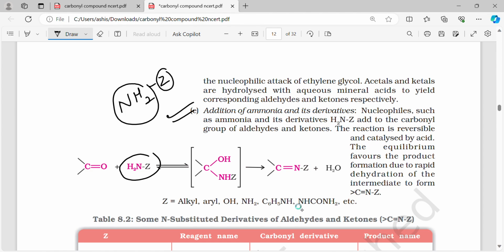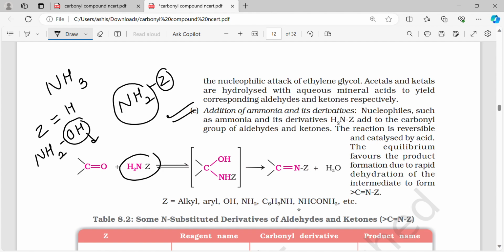Then addition of ammonia and its derivatives. So ammonia and its derivatives we can represent by NH2Z. Now what is Z? Apart from NH2, everything is Z. For example, when we are talking about ammonia, what is Z here?